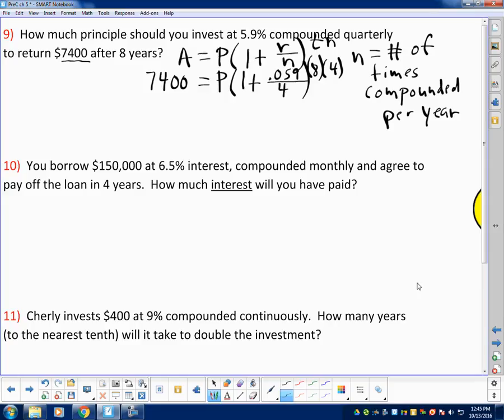Okay, so this is P times 1.01475 to the 32nd power. That's what 7,400 equals. So change it to that.